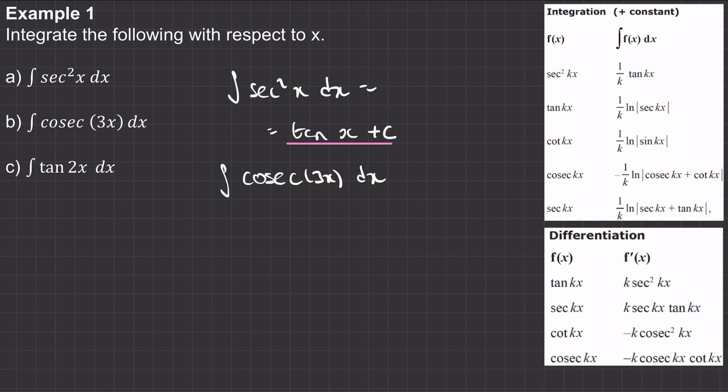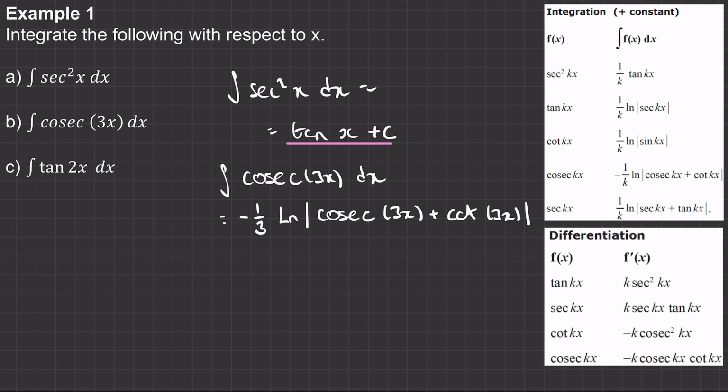So this will be minus 1 over k, 1 over 3, multiplied by the natural log of the magnitude of cosec kx, so 3x, plus cot of 3x. And we have the magnitude here because this function with a natural log can never be negative. Okay? As we progress through this unit, we'll use the reverse chain rule to derive this standard integral from this.